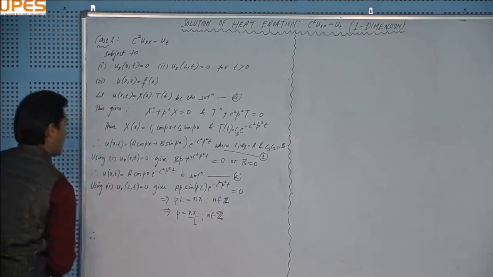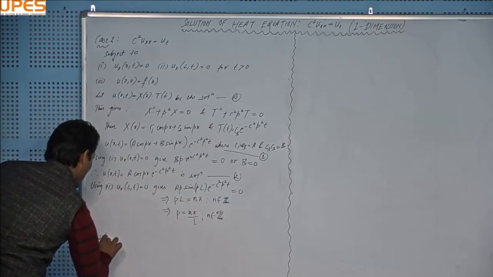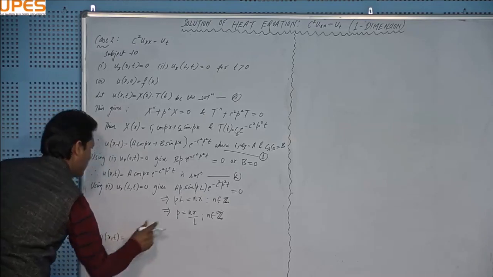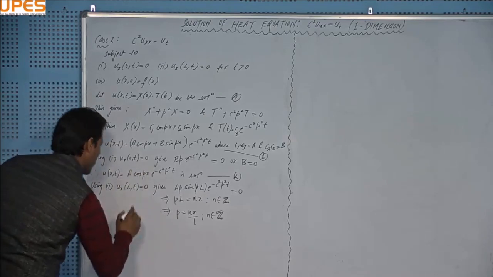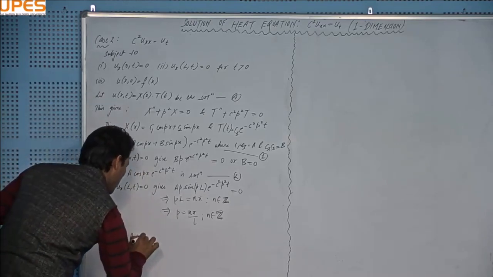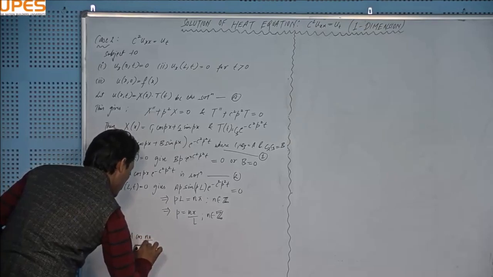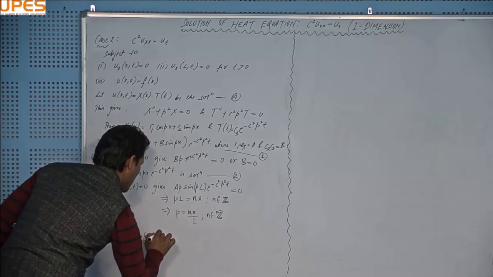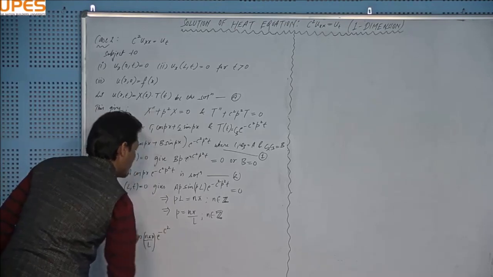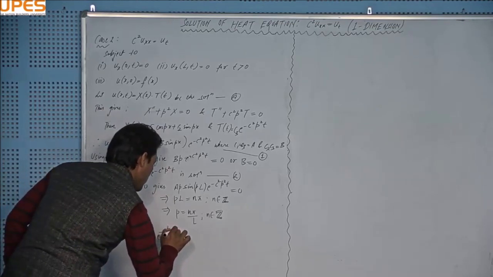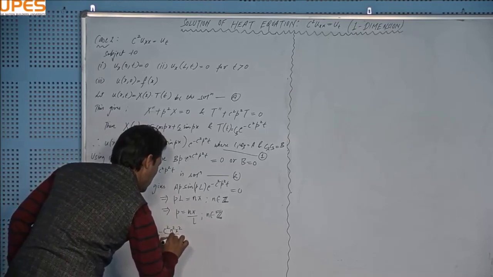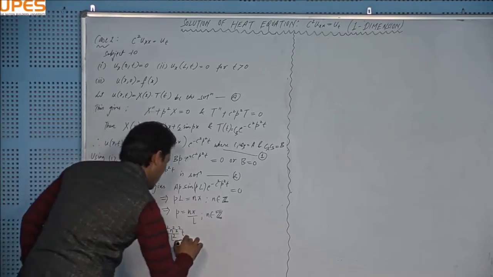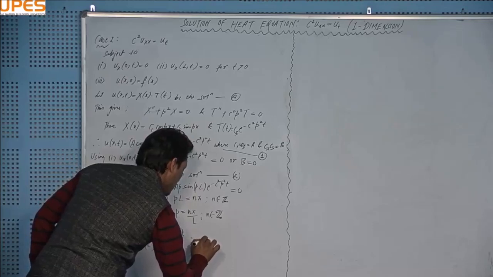Therefore, equation 2 becomes u(x, t) equal to, putting this value here, A cos n pi over L x, e to the power minus c square n square pi square over L square t is the solution.